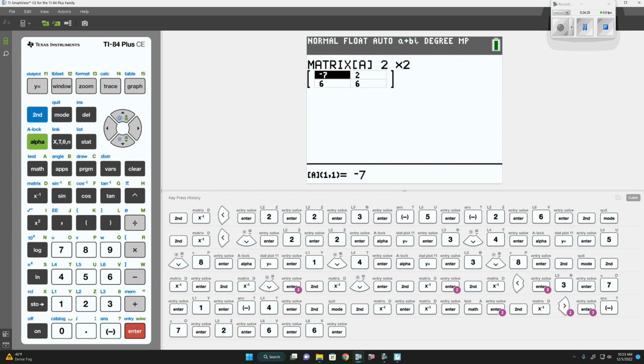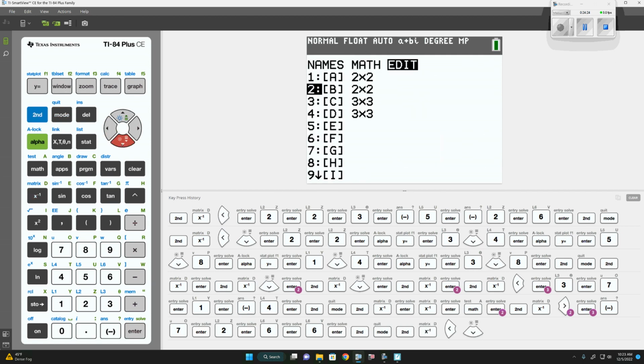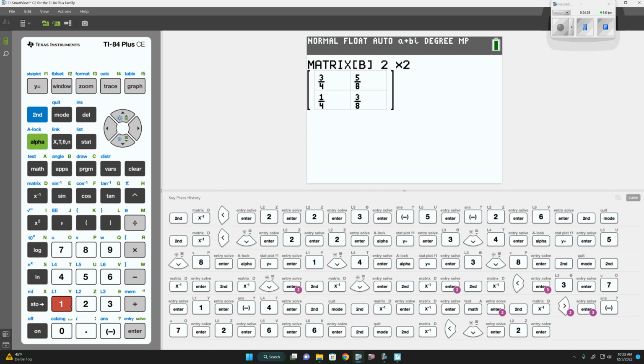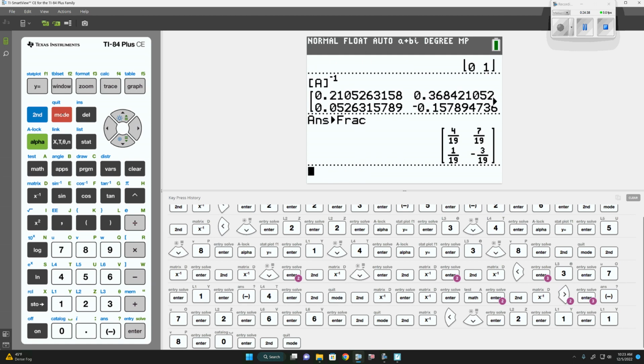And once we get the first one plugged in, we can go to the second matrix. Now we need matrix B. But matrix B is not a 2-by-2, it's a 2-by-1. And it's going to be 18, 0. Once we have both of those plugged in, we can go second quit.